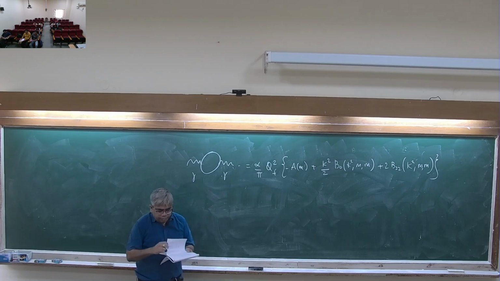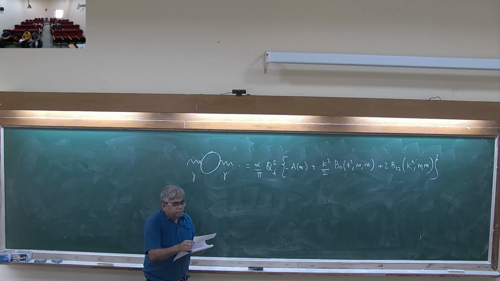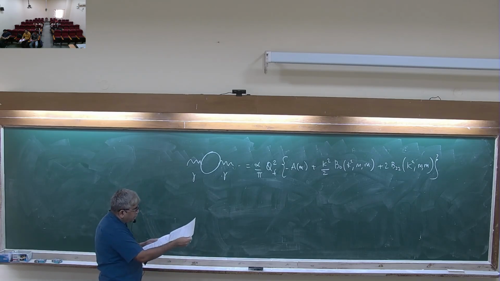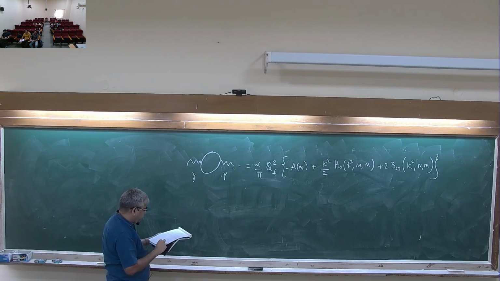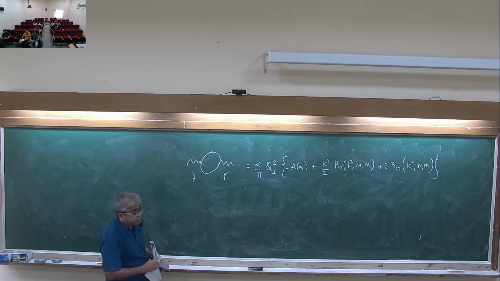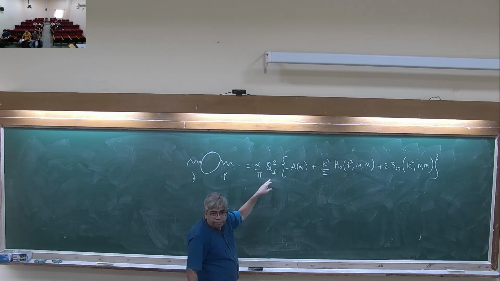This is the form it takes, and then you can calculate it for various cases. What happens if there are light fermions? What is the charge of the fermion?